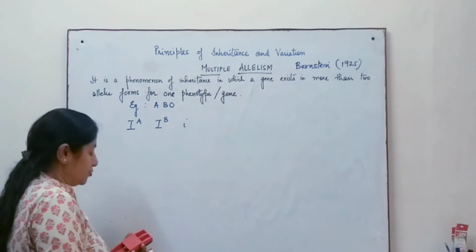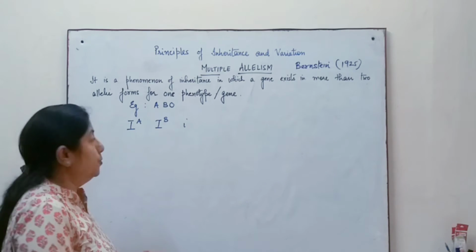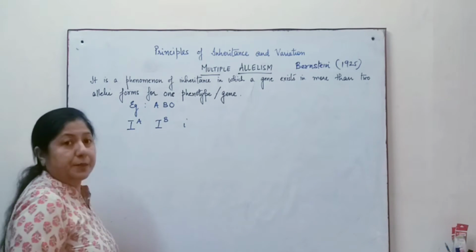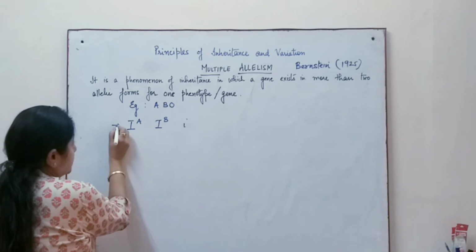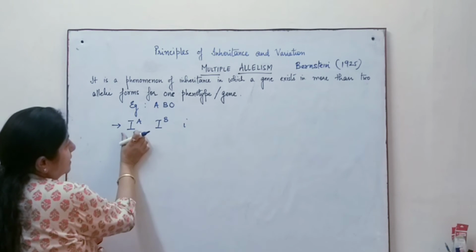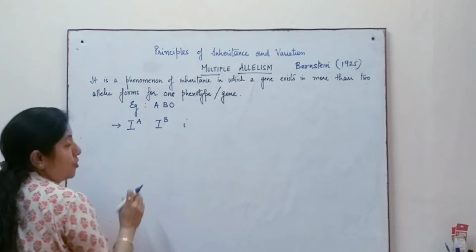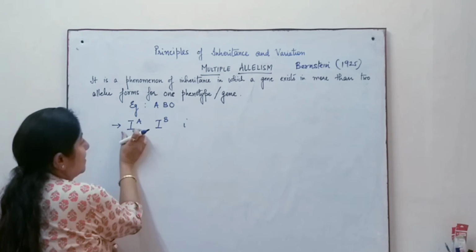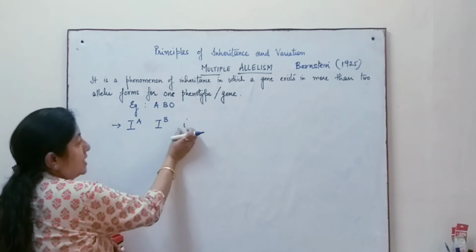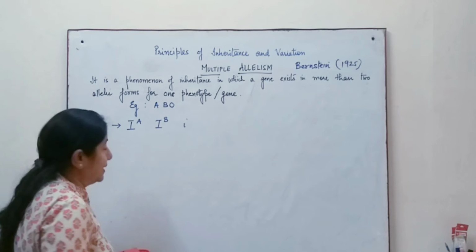The human blood group, that is the ABO blood group, is an example of multiple allelism, because here the blood group is regulated by three forms of a particular gene. The three allelic forms are IA, IB and the small i.